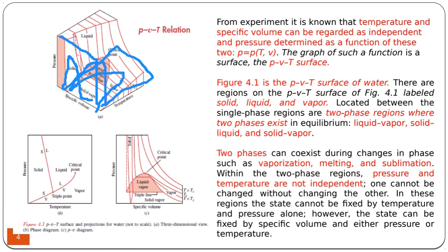The intersection of the three phase change lines is called the triple point. At the triple point, all three phases are in equilibrium. So as you can see, at the triple point, you have liquid, vapor, and solid existing at the same time.